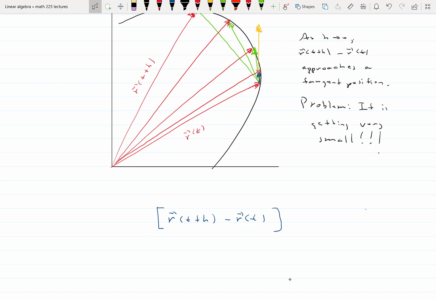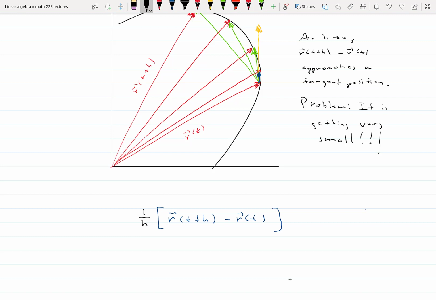Well, think of a constant related in here that's more than 1. I think I will use as that constant 1 over h. h is getting small. h is approaching 0. So 1 over h is getting big. Okay, 1 over h is getting big. That means it's more than 1. So multiplying by 1 over h lengthens that little blue vector, that little blue difference.